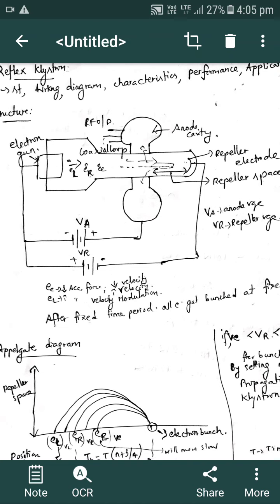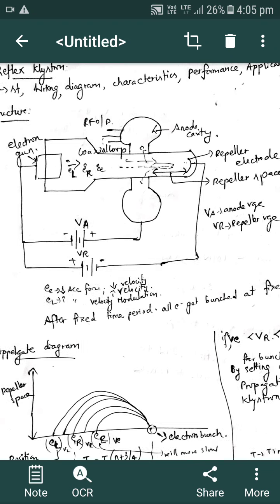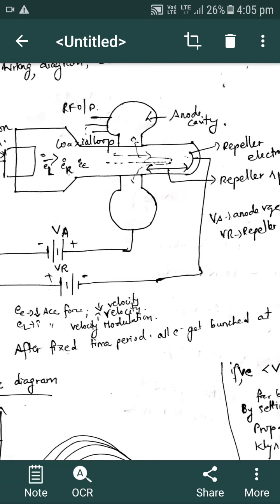Before it crosses the anode cavity, a few get accumulated in the anode cavity and a few move towards the repeller electrode. Since the repeller electrode is connected to the negative terminal, the electrons which move towards it get reflected, in the sense that they get accumulated in the anode cavity.